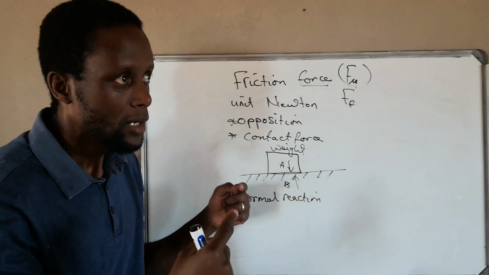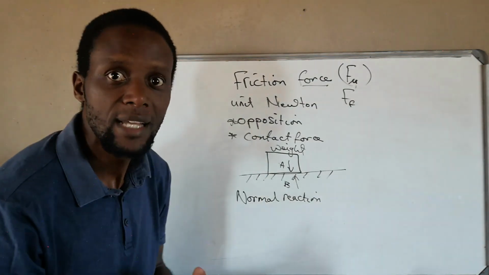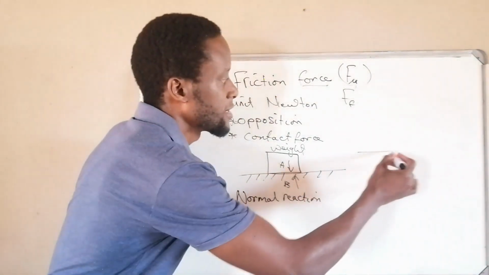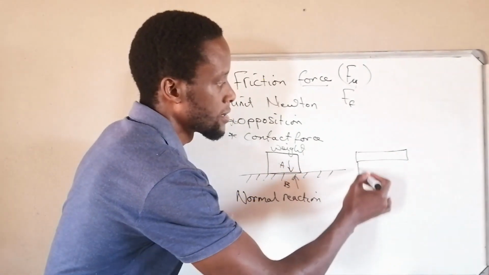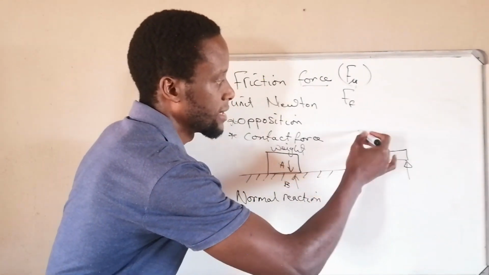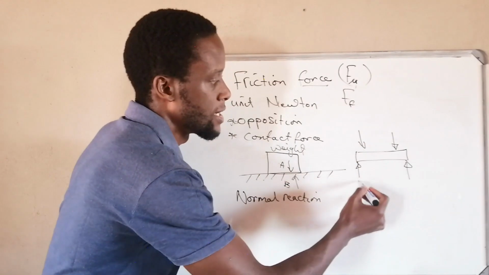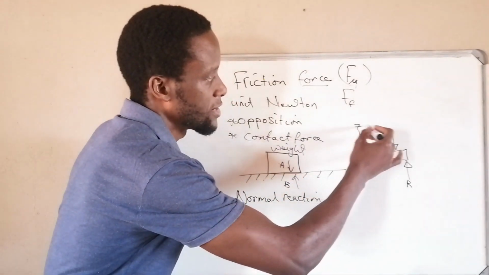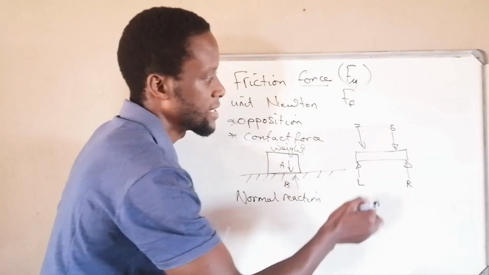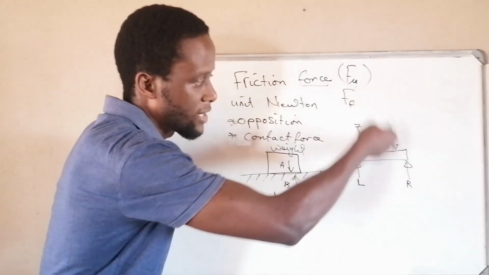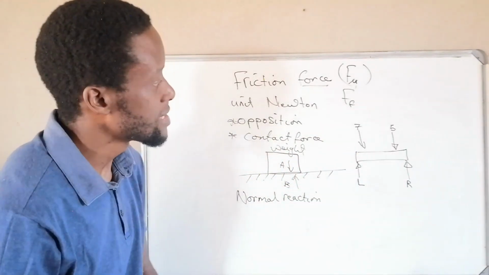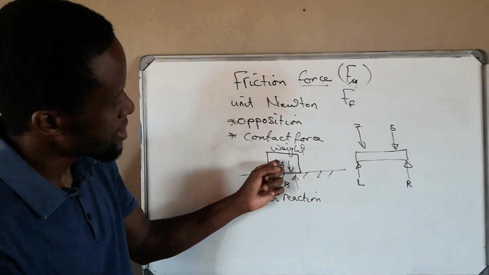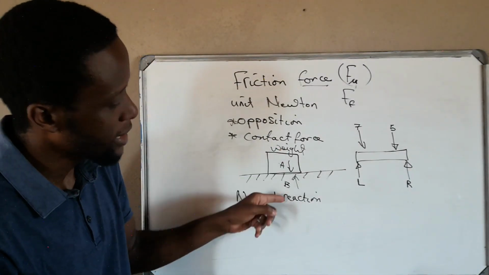The beam has forces acting downwards, with a support on the left and a support on the right. Whatever the forces are, if it is 7 newtons and 5 newtons on that side, the two supports will react to whatever is going downwards. In the same manner, this surface is going to react to the weight of the object.